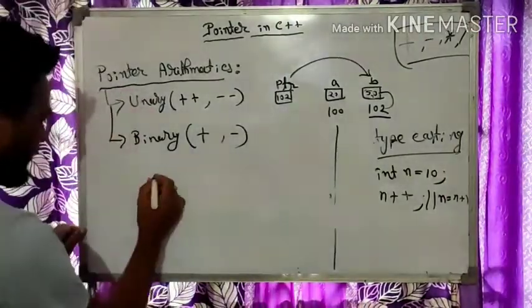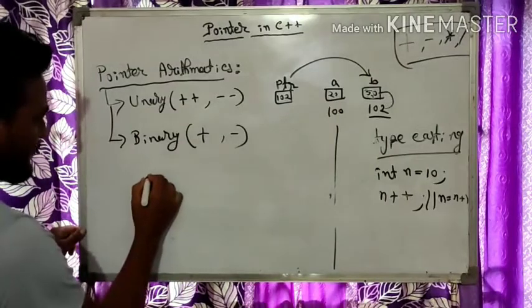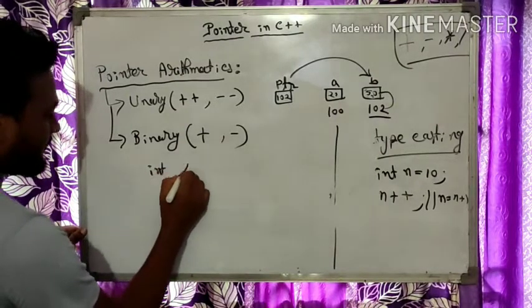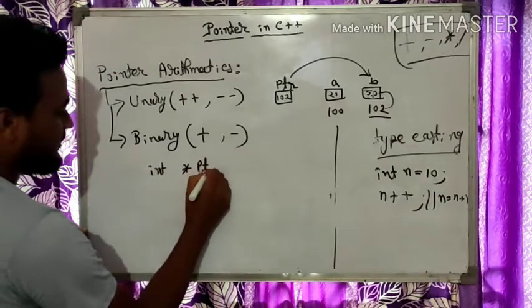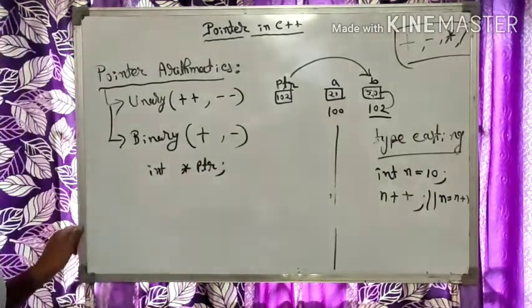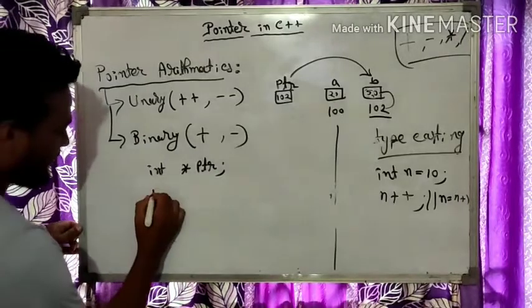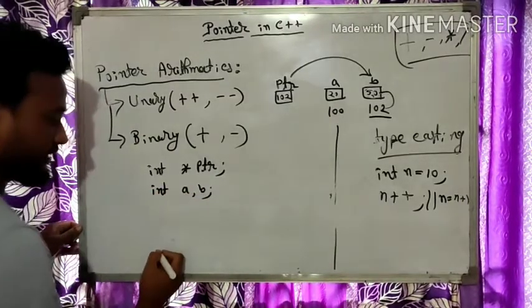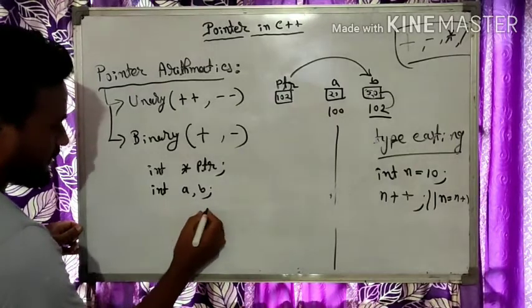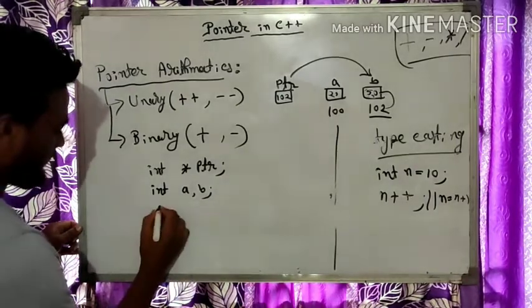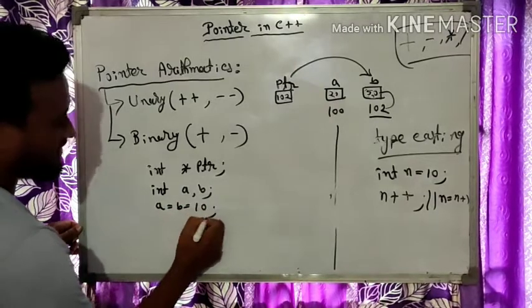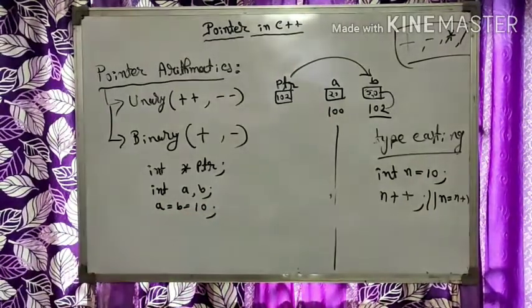Let me declare one variable. Suppose we have a pointer variable, integer ptr. Now here we have some normal variables also, suppose a and b. Suppose a equal to b equal to 10, I assign the value of a and b as 10.